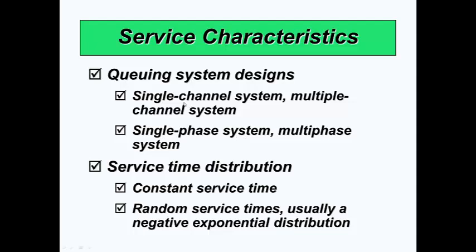That is, there is only one ATM, single channel. Single phase meaning there are no multiple stages there. You go to the ATM, you finish your service there and leave, whether you are depositing a check or withdrawing money or checking balance. So it's only one phase. You go there to the ATM and be done.